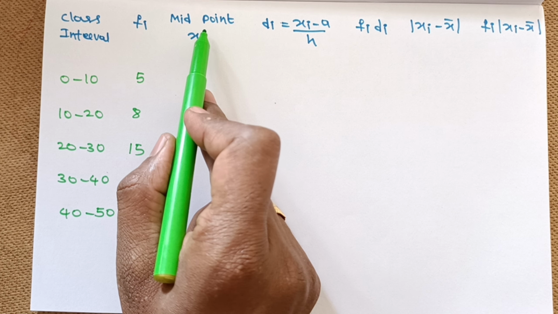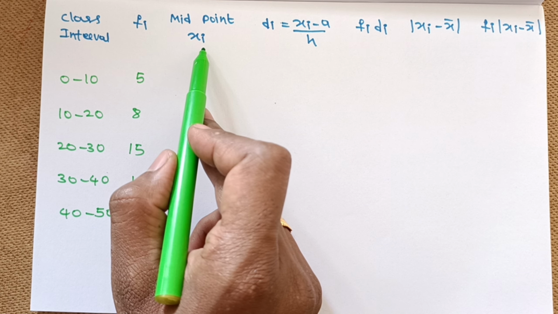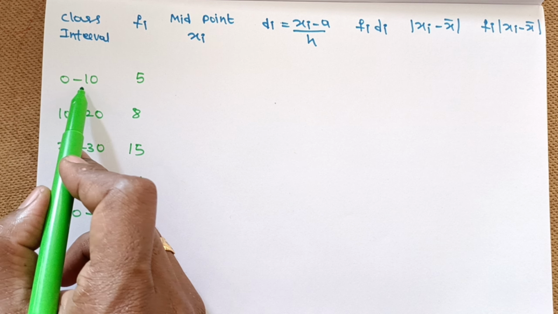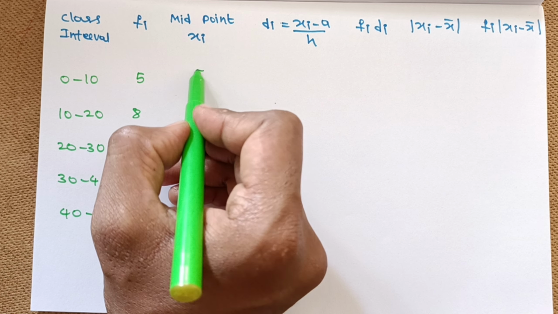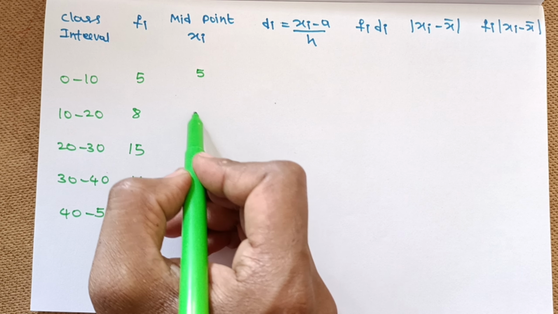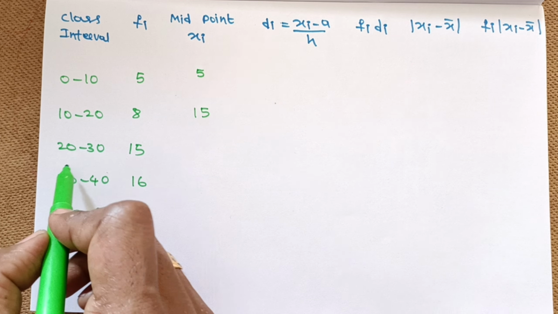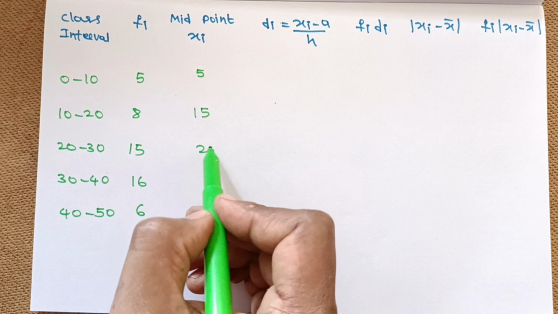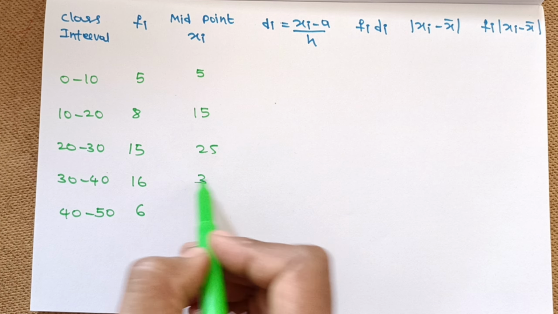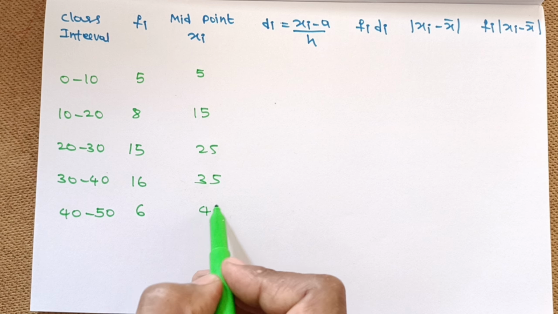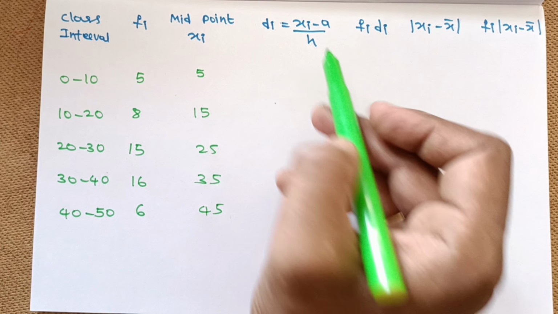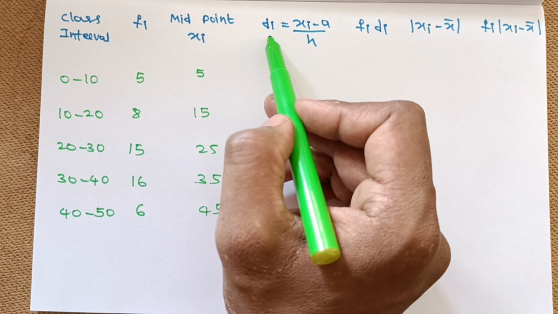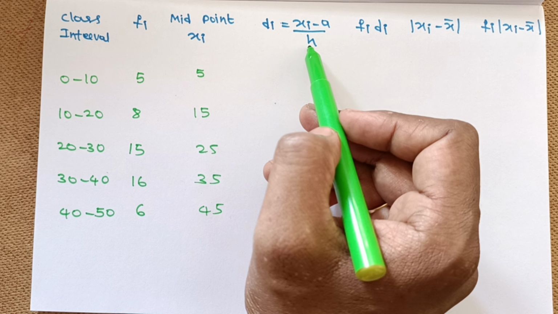Now we can find the midpoint of the class interval, that is xi. What is the midpoint of 0 and 10? 5. Midpoint of 10 and 20? 15. Midpoint of 20, 30? 25. Next 35. Next 45. Next we can find the di value. What is di? Xi minus a divided by h.